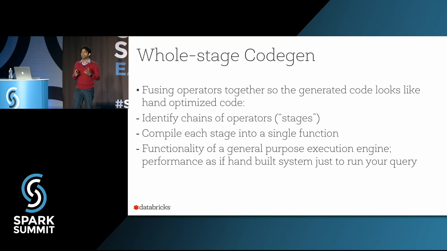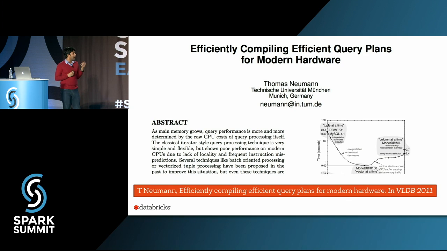The goal is to achieve the functionality of a general-purpose execution engine. We would ideally want to generate the code for any plan that Catalyst produces in Spark, but with the performance as if we had hand-built the system and were hand-writing the code for each query plan that Catalyst generates. Now, I'll not go into too many details about how we exactly generate the code and how each operator maps to the generated code.